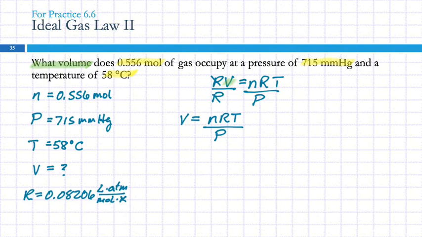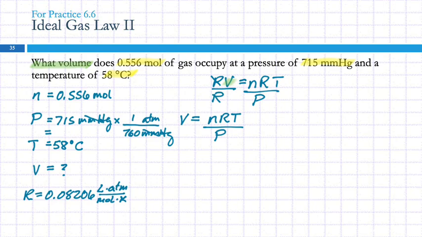No, it's not. It needs to be in atmospheres. So I need to convert to atmospheres. 1 atmosphere is 760 millimeters of mercury. I'm going to sneak that in down here.